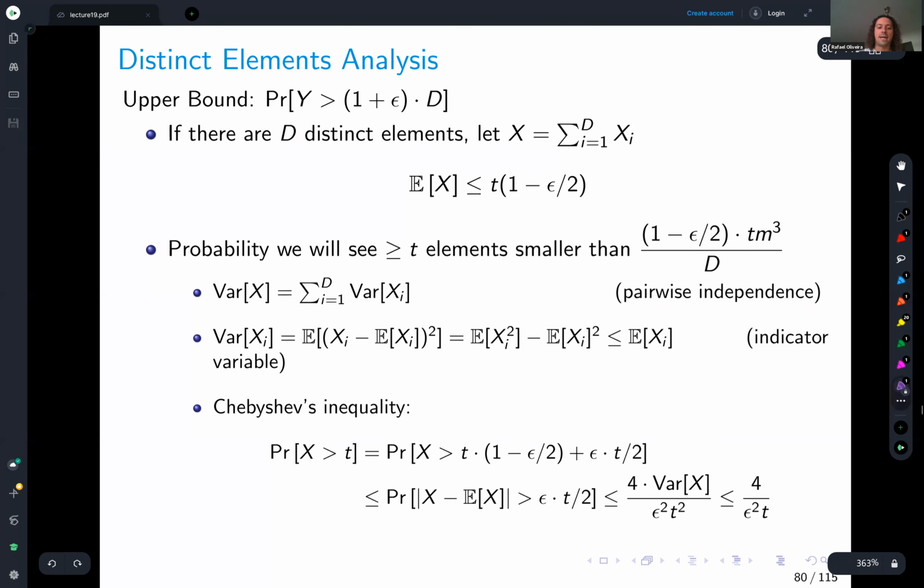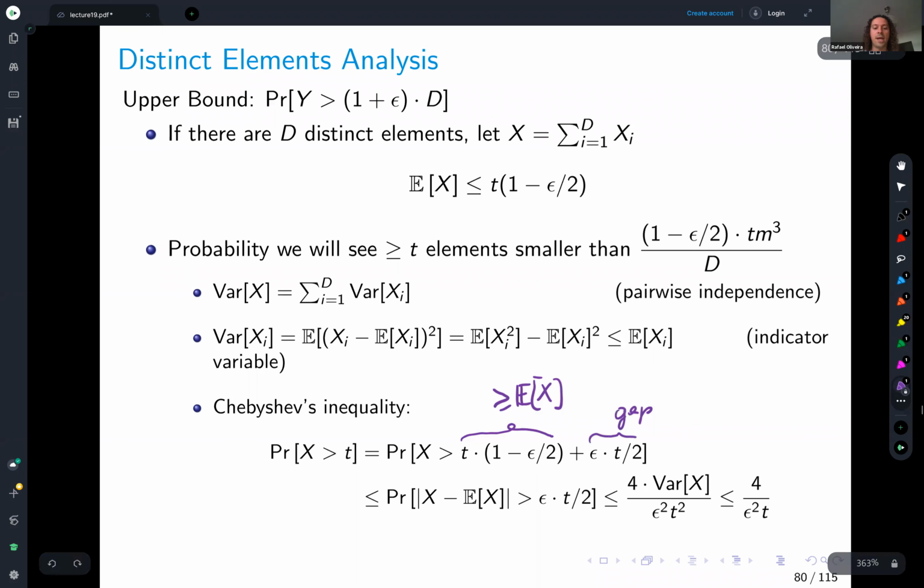The probability that x is bigger than t, remember, this is the fact that we have at least t elements which are really small, that's what we're trying to measure, is equal to the probability that x is bigger than t times 1 minus epsilon over 2. So this is exactly an upper bound. Well, sorry, let me put it like this, greater than or equal to the expected value of x, and then this is the gap.